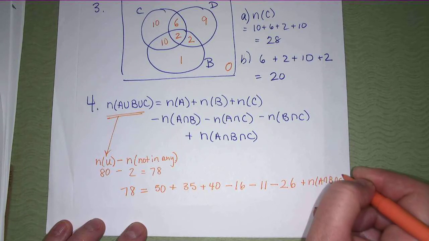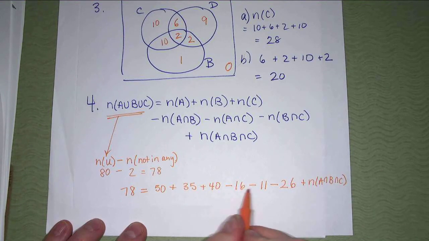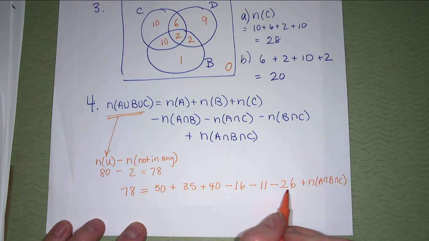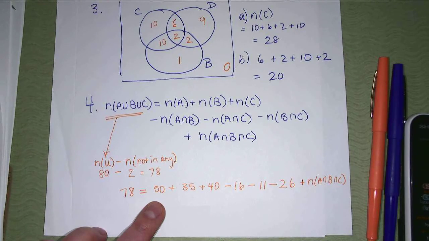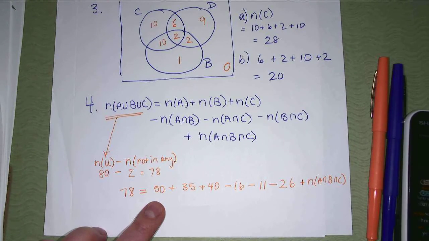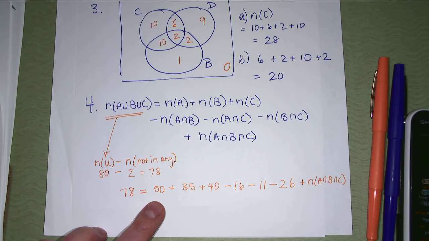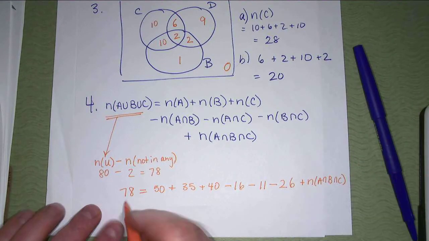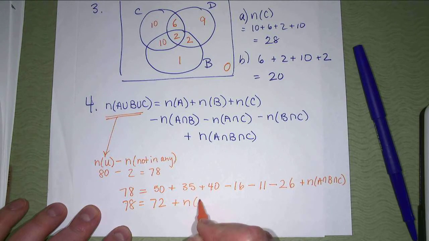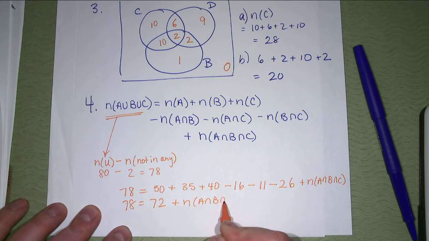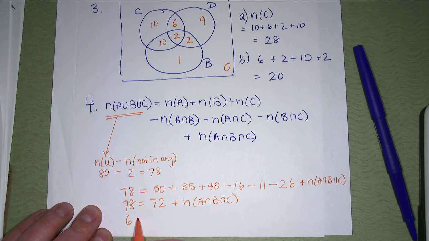So these are just the singles, these are subtracting the intersections, and we can just work this out. So this is 78 equals 72 plus the center. So 6.